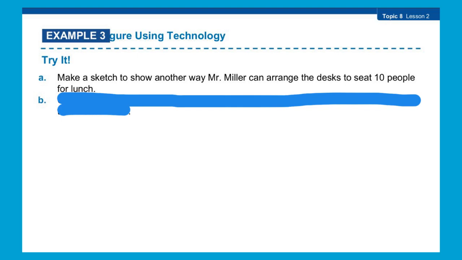I'm going to let you try this. So there were 2 options in example number 2. Let's see if you can come up with another way for him to seat 10 people and then tell me how many desks that would take. Go ahead and pause me while you do that and then come back and check out some of my options.